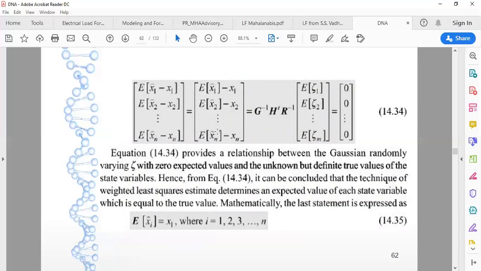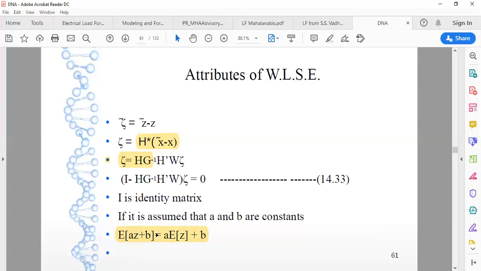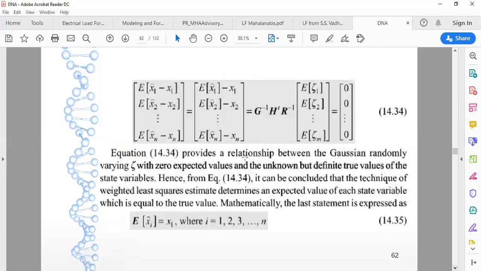So by using this simple mathematical formula, we can derive that the expected value minus the value of the state variable should be equal to G inverse H transpose R inverse into the matrix, which is the expected value of zeta, and it is also an M cross 1 matrix.